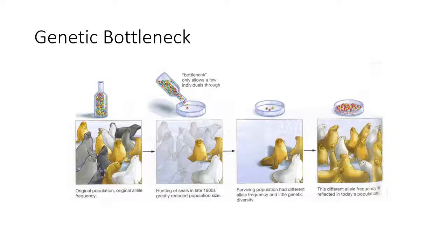Those 3 seals are the only ones who survived, and so they're the only ones that can breed. Because they're the only ones that can breed, their genetics get passed on to the next generation. So now we only have brown and white seals. All the gray and the black seals are dead, no longer there. So that's how a genetic bottleneck kind of works.